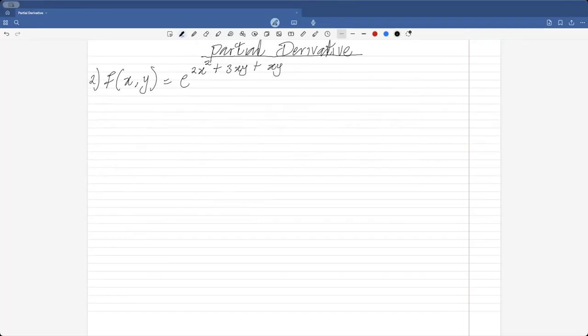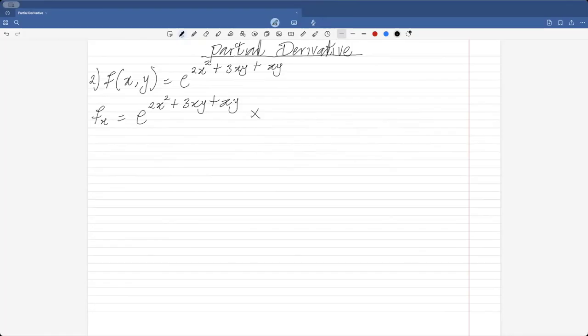So the derivative with respect to x of the outside function is the same as the question, 2e to the power of 2x squared plus 3xy plus xy, multiplied by the derivative of the inside function, which is the power, with respect to x.